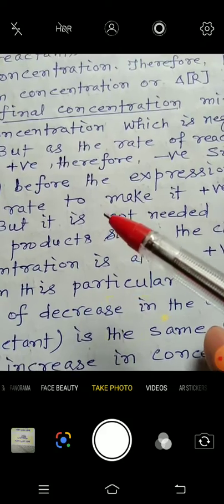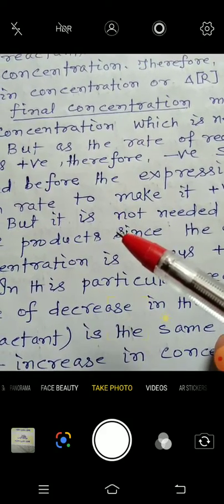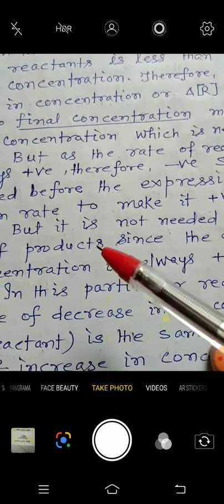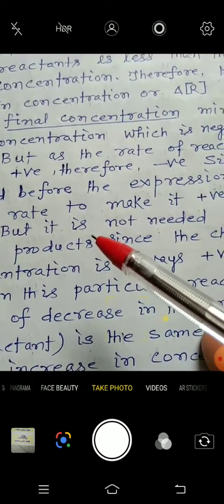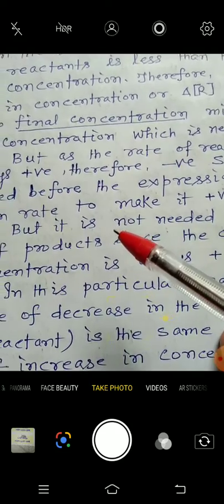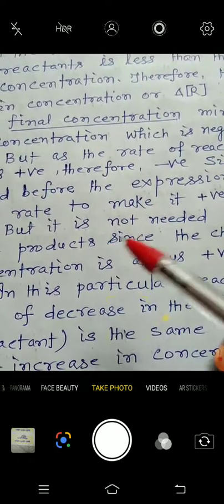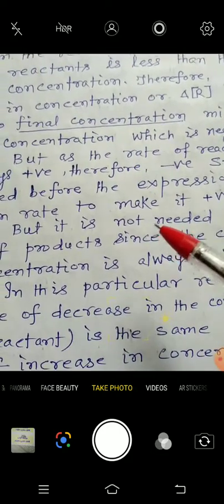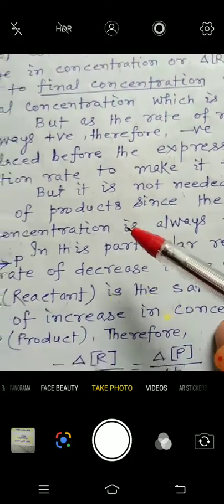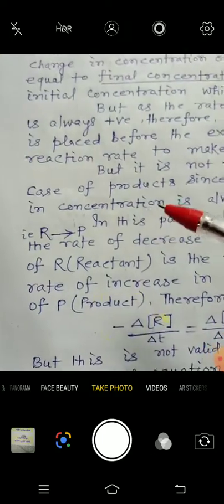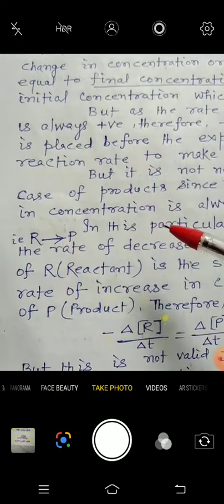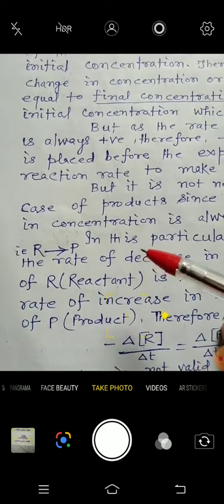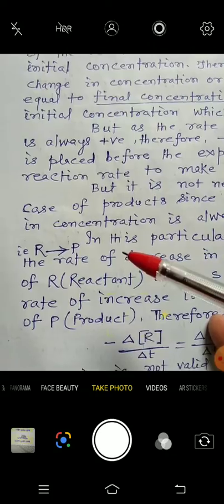So when you subtract the initial concentration from the final concentration in respect of a reactant, you will get a negative quantity, and a negative multiplied with the negative sign will become positive, so the reaction rate will be positive. That's why we put a minus sign when we represent the rate of reaction in terms of the molar concentration of the reactant.